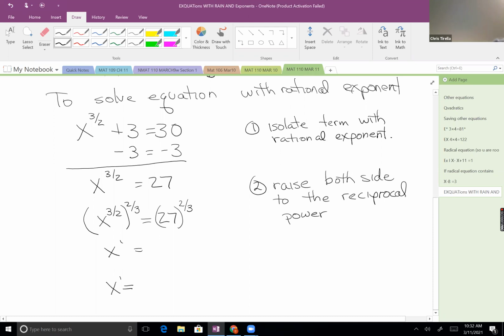Now on the other side, when I take 27 to the 2/3, because that exponent is a fraction, I'm thinking of taking a radical. My radicand is 27. My index is 3. And then I'm going to square that.